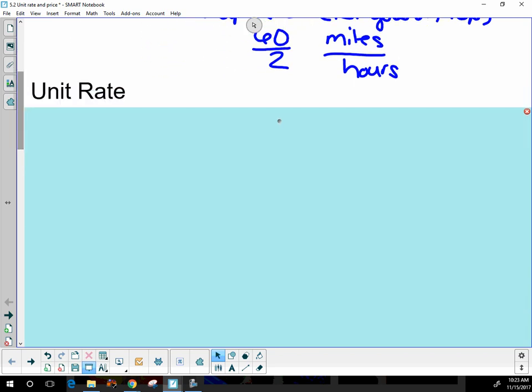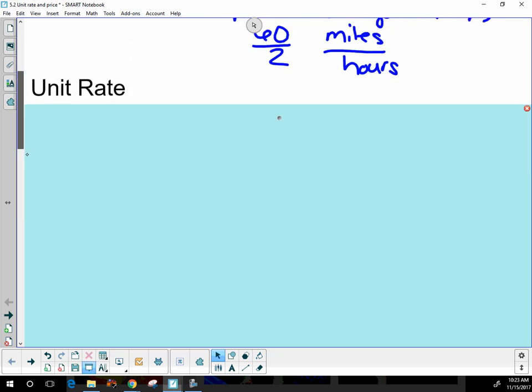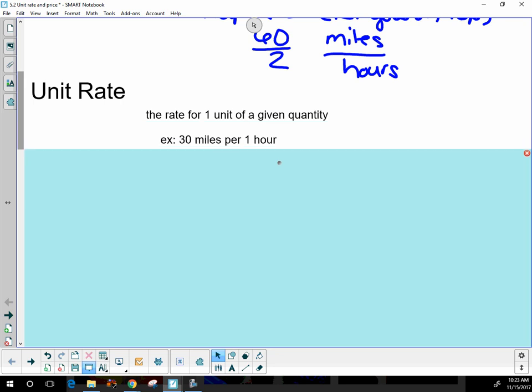That brings us to unit rate, the actual idea of the unit rate, not just a rate. It's the rate for one unit of a given quantity. That seems a little weird, but here we have 60 miles, 2 hours. There's nothing that's individual, so we're going to have to think about it.